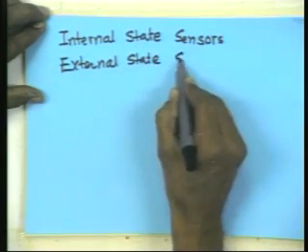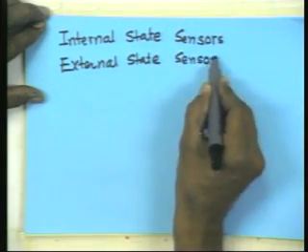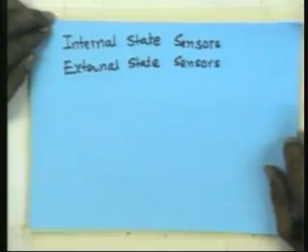In the internal state sensors, we had covered sensors which were necessary for the basic movement of the robot, whereas in the external state sensors, these sensors augmented the capability of the robot, and we saw a few of those external state sensors like touch sensor, tactile sensor, that is. And today what we are going to start out is what is called robot vision.